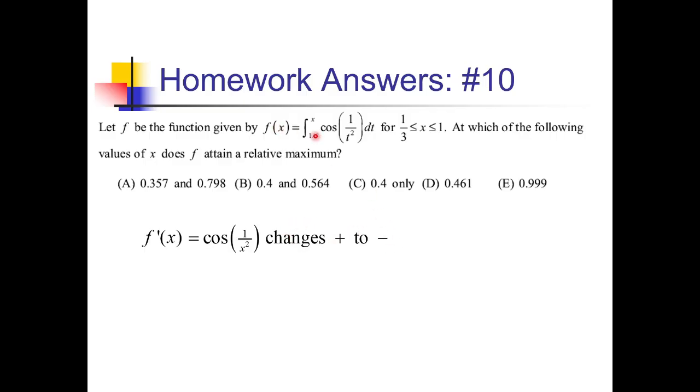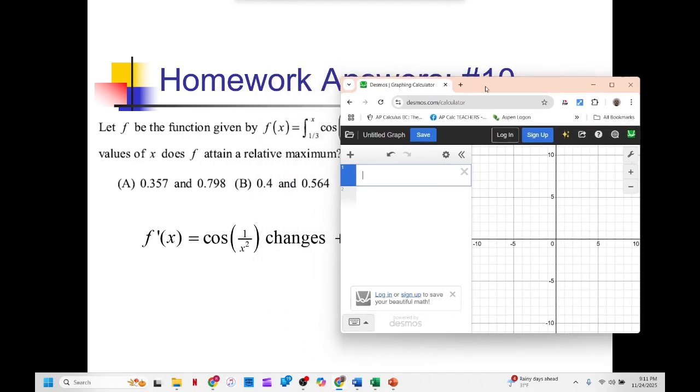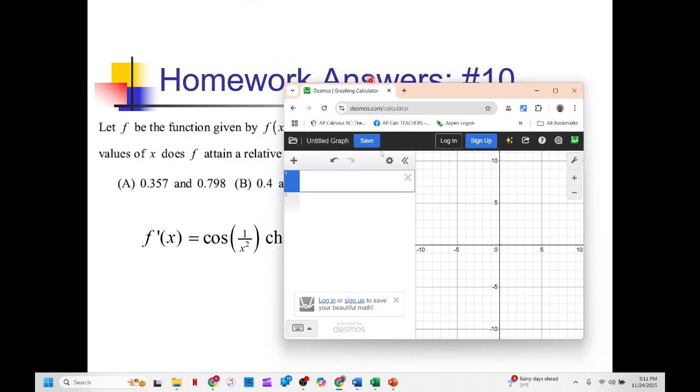So to do that, we're going to graph that out on Desmos. And let me just get the whole function in here. So I'll just call it the g function. We'll say g of x equals cosine, parentheses, fraction 1 over x squared. And we'll close that. And that's kind of a mess.